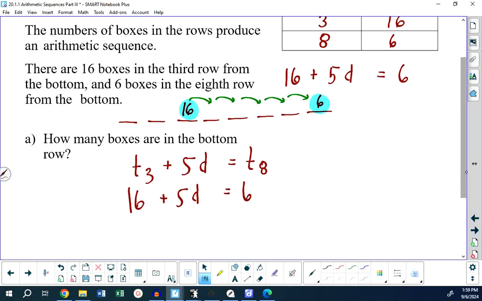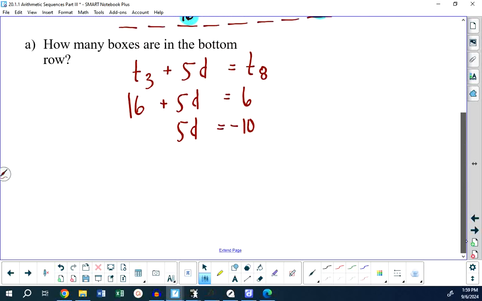And I can find the common difference. So I subtract 16 from both sides and I get 5d equals negative 10. I divide both sides by 5 and get d equals negative 2. So the common difference is negative 2.